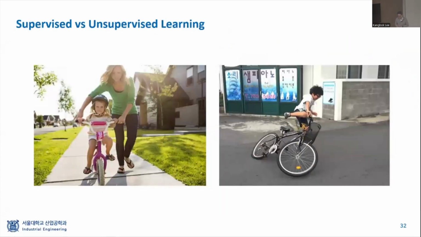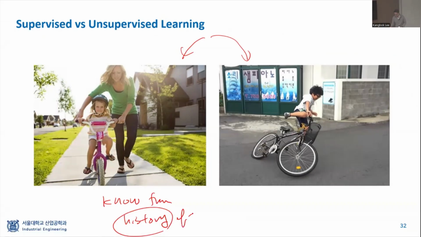And we know that there are two different methods, supervised learning and unsupervised learning. But for our reinforcement learning technique, we can implement both. In other words, supervised learning is something that we know from the previous history of games.